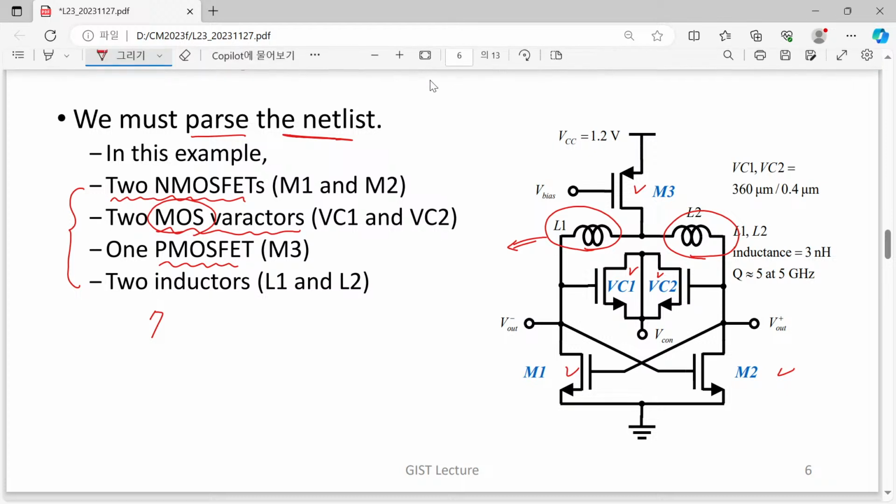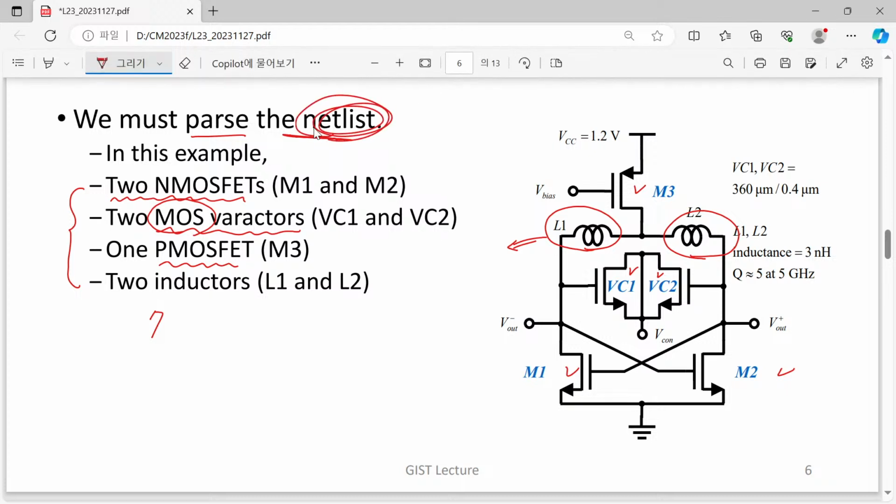The netlist should describe that L1 and L2 are making a node, and this node is also shared by M3's drain terminal. That kind of information should be given in our netlist file.